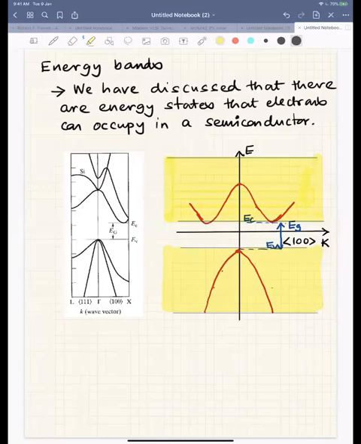And on the left hand side here, this is the typical E-k diagram of silicon. As we discussed in the last class, if you look at the x-axis, there are three points: gamma point, X point, and L point.